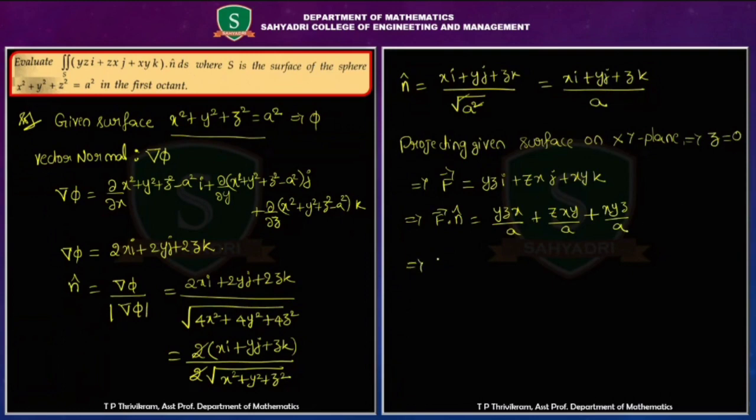At z equal to 0 you substitute, and how much do you get? 0.